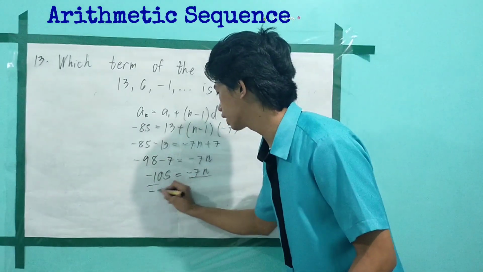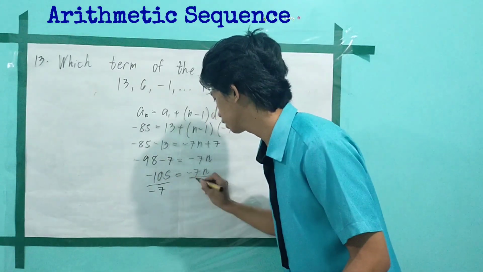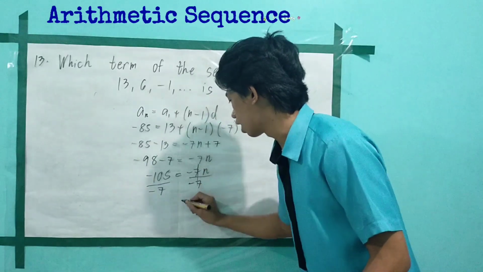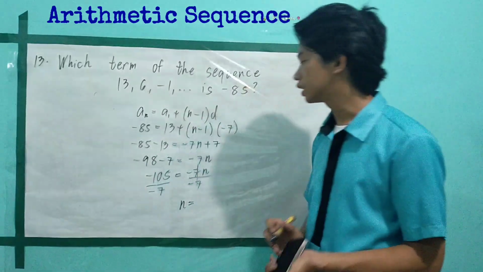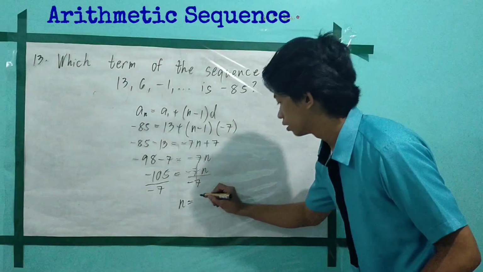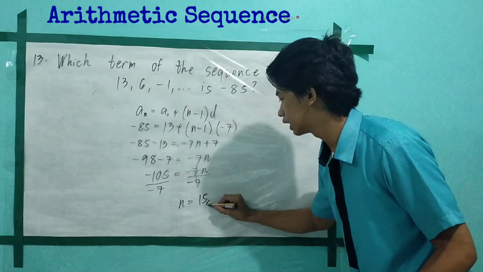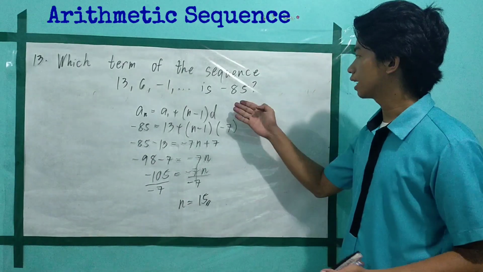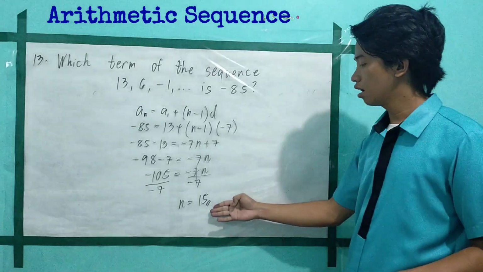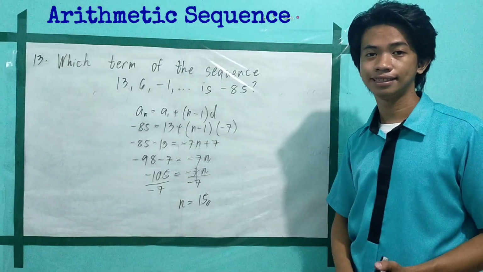Dividing both sides by negative 7, our value of n now is equal to 15. So it means that negative 85 is the 15th term.